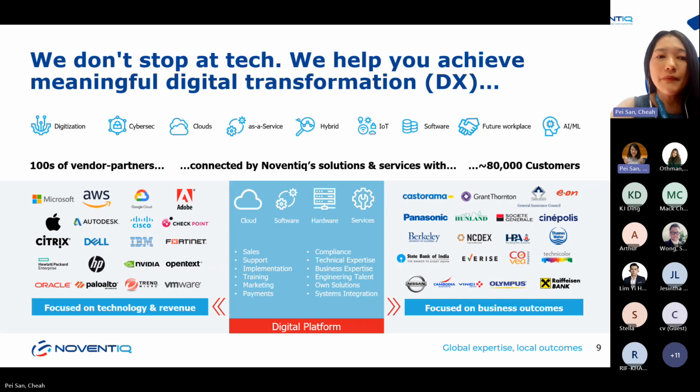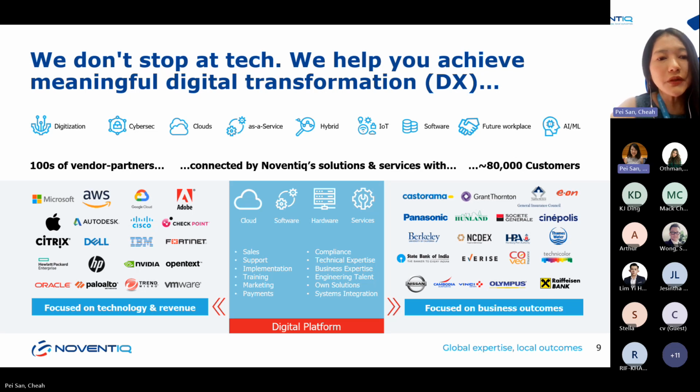We are not just on Microsoft; we offer services and solutions to our customers. We collaborate with over 100 vendors, such as AWS, Google Cloud, Adobe, Apple, hardware vendors, Citrix, etc.